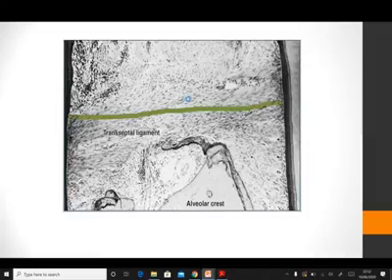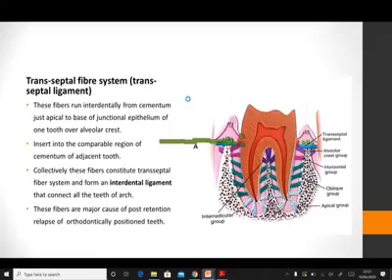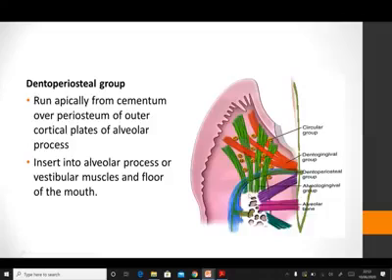It moves from the cementum of one root right beneath the junctional epithelium, crosses over the alveolar crest and attaches to the cementum of the next, and that is how it is attaching the cementum of all the teeth in one arch.